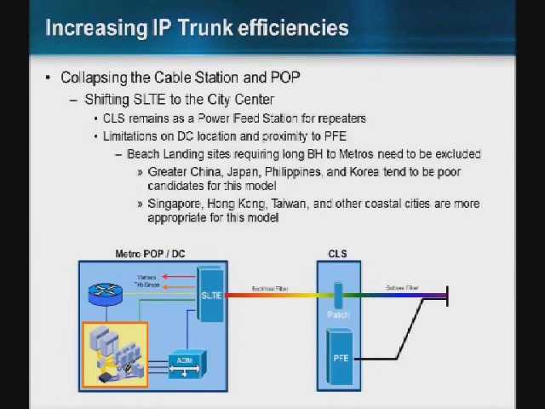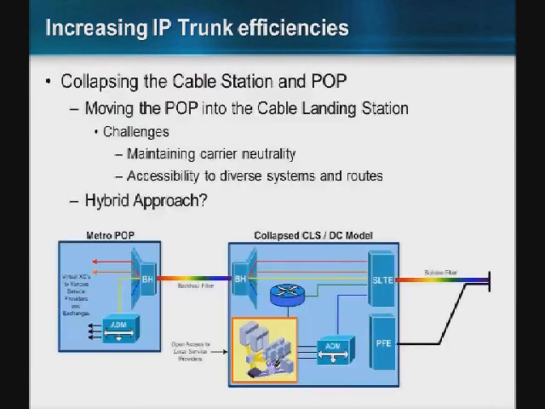You may have a dry repeater there to extend another 70 kilometers. But some of the limitations are based on distance. So typically coastal cities like Singapore and Hong Kong are appropriate for this model. But other countries in which there's long distances between the cable landing points and the city centers, such as Korea and Japan, this tends to create issues in terms of whether or not this is actually technically feasible.